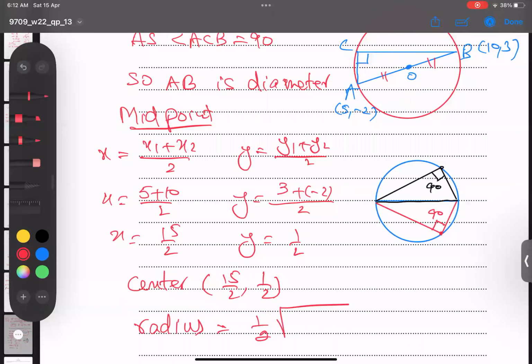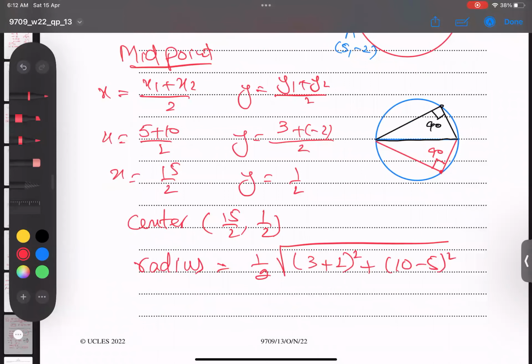So let's start: y2 minus y1 whole square, x2 minus x1 whole square. I'm typing in my calculator: 5 square 25 plus 25, again it's 5 root 2, and 5 root 2 by 2 is the radius.